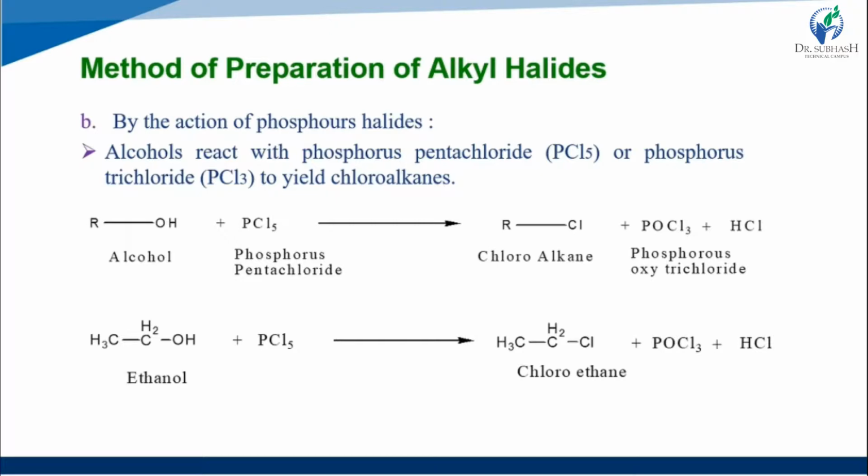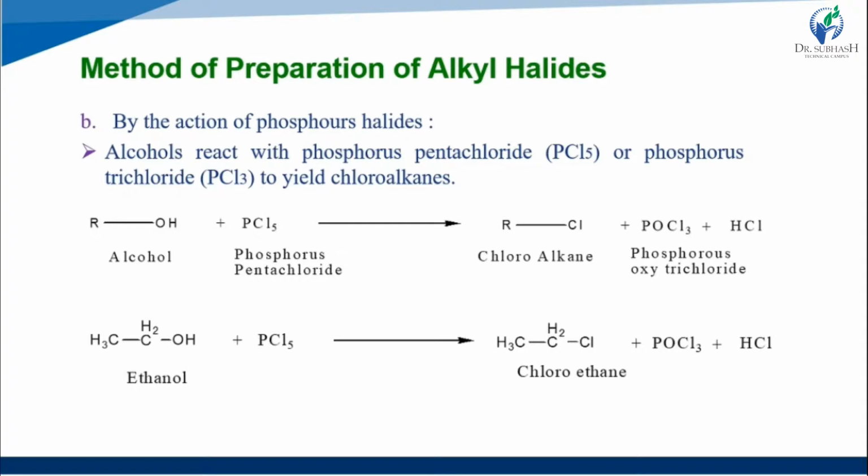So here alcohol and PCl5, that is phosphorus pentachloride, are reacted, making one chloroalkane, and phosphorus oxychloride is formed and one HCl is liberated. This is the general reaction.